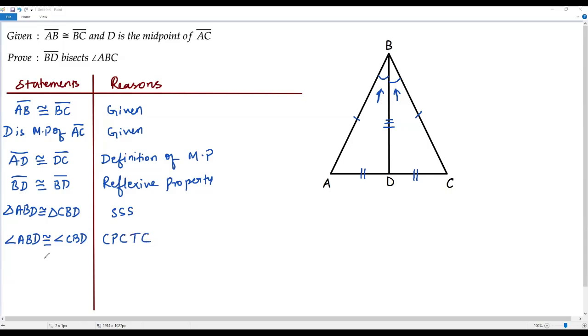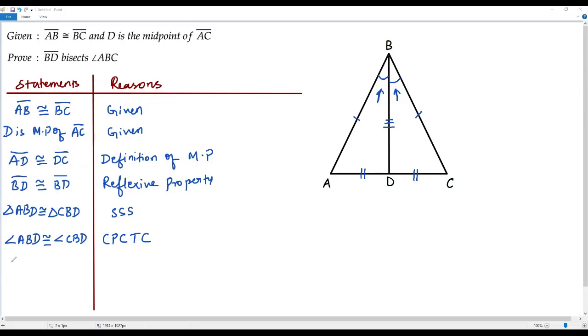CPCTC theorem. Okay, now we have proved this angle measure and this angle measure are equal. Actually, the line segment BD divides the angle ABC into two parts, and both the parts are equal. Since the line segment BD divides the angle ABC into two equal parts, we can say that the line segment BD bisects angle ABC. So we conclude this one by the definition of angle bisector.